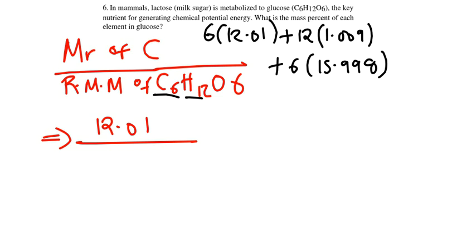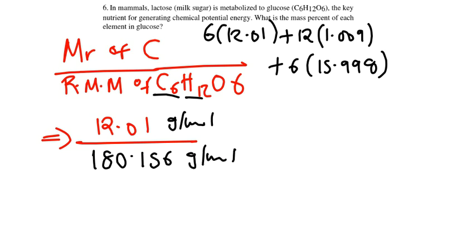So the value is approximately 180.156. All the units are grams per mole, so they'll end up cancelling out. So units don't matter in this case. 12.01 divided by that value times 100.